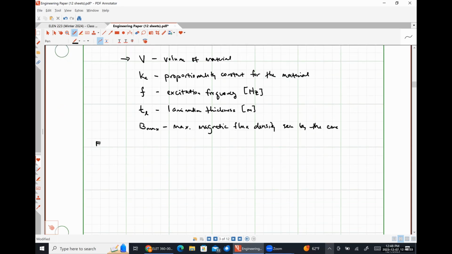So let's look at this example. Let's say that we have a core having the following shape.